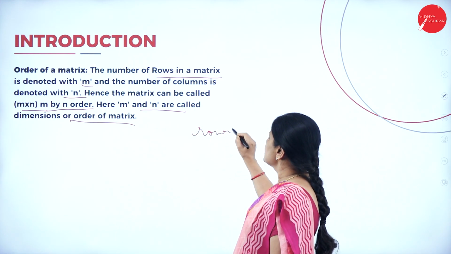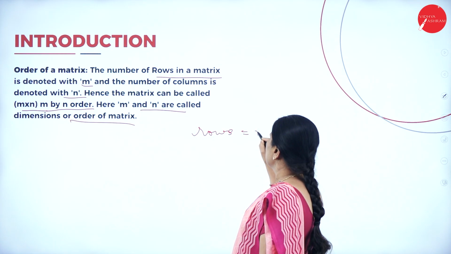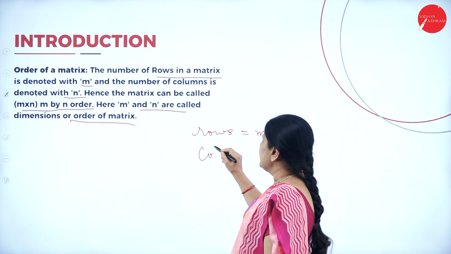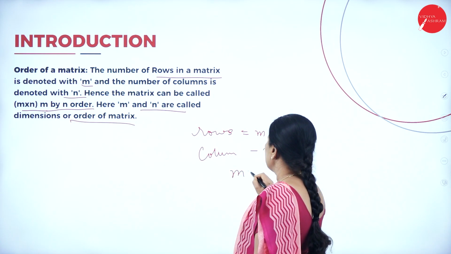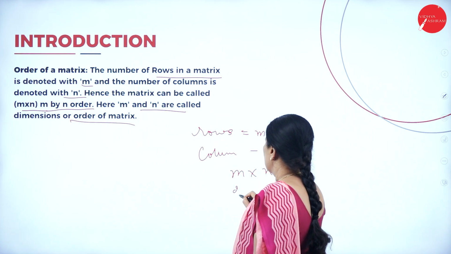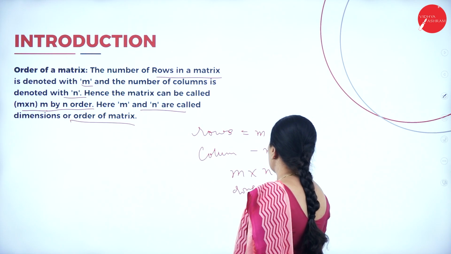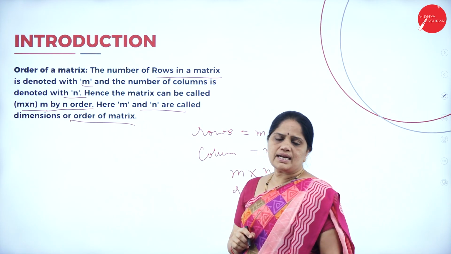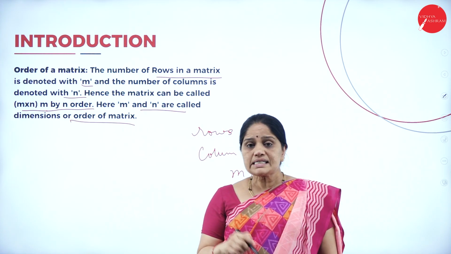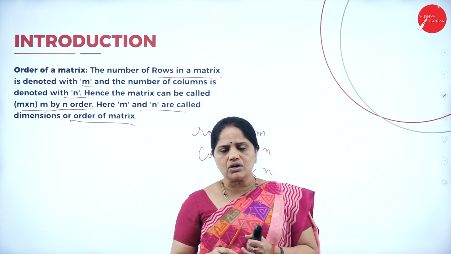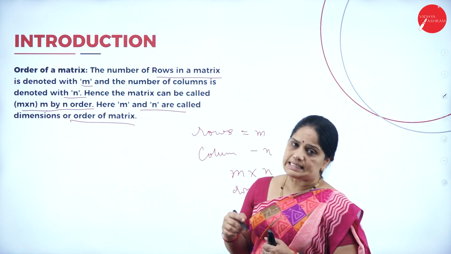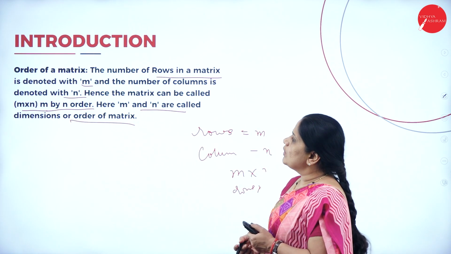Now, rows of the matrix are denoted by M and columns are denoted by N. So, M into N means rows into columns. So, we should understand that the order of a matrix denotes the rows and columns. First always will be the count of rows and second will be the count of columns.